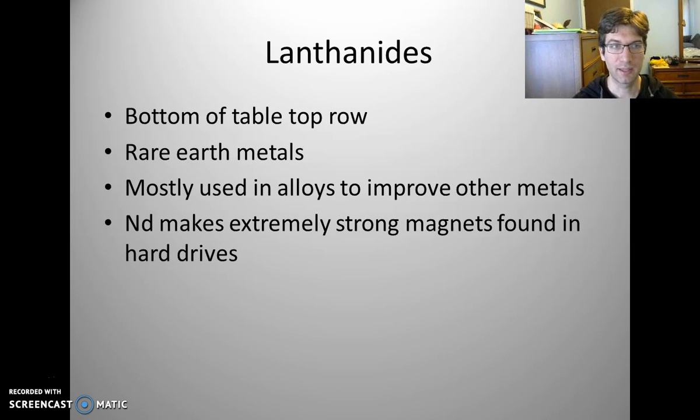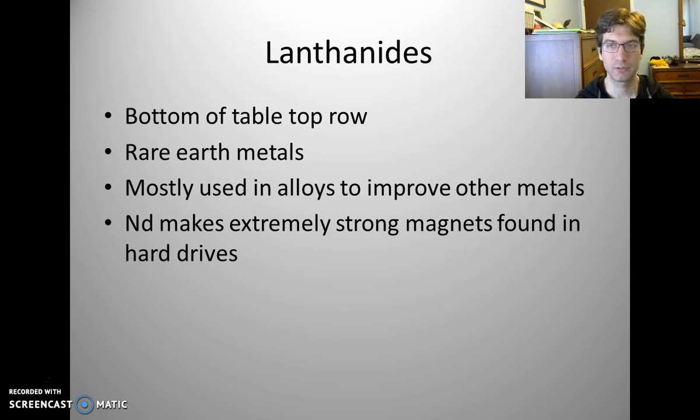Our next group is our lanthanides. These are found at the bottom of our table. They are the top row of the bottom portion. They are your rare earth metals, if you want to call them that instead of lanthanides. That's their other name. They are mostly used as trace amounts in alloys to improve other metals because, again, all these elements on here are easily combined with other elements to make stronger and better properties.